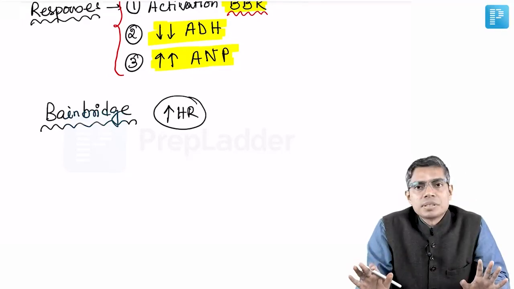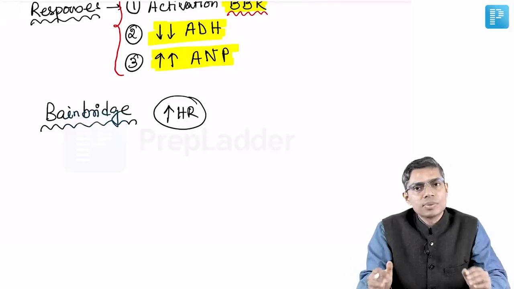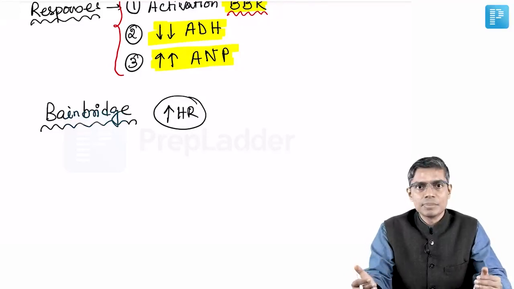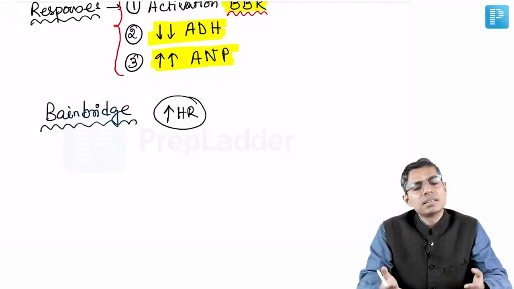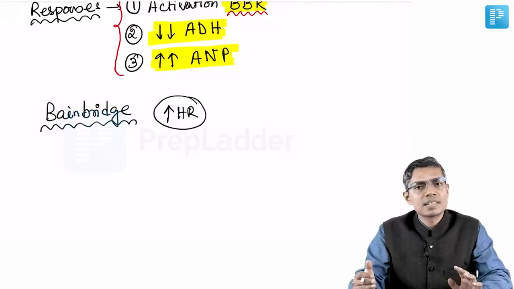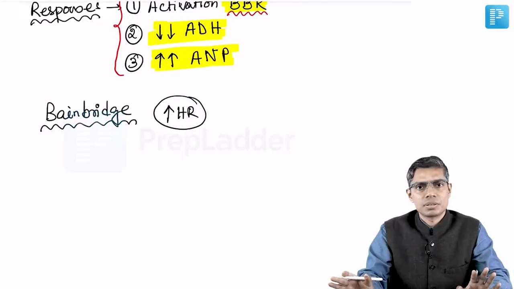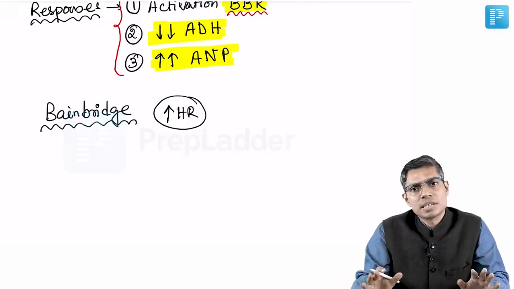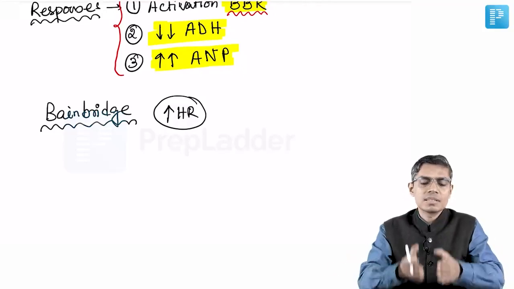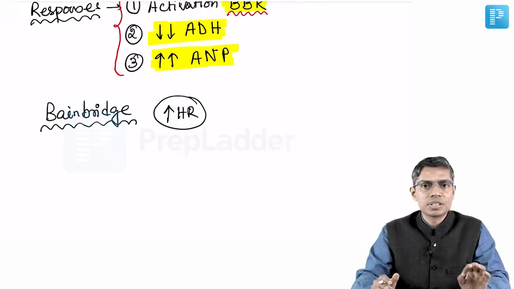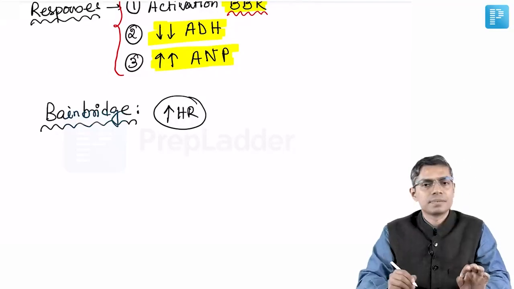The observation was that infusion of blood or saline to an experimental animal, probably after anesthesia, raises the heart rate, and that increase in heart rate is irrespective of blood pressure. It is not due to blood pressure changes. Heart rate is directly rising, and that observation is known as the Bainbridge reflex.